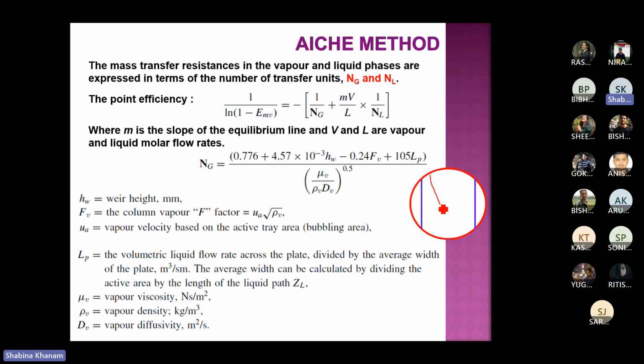Okay, but the average plate width we are considering is nothing but this section. This section. Okay, so I need to consider the average width, because when liquid is moving, it is moving from here to here, right?